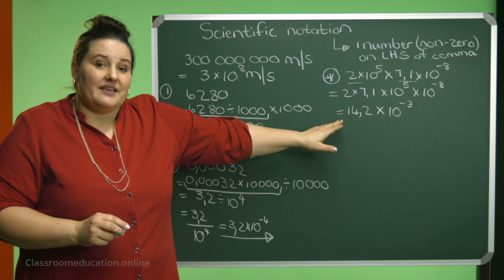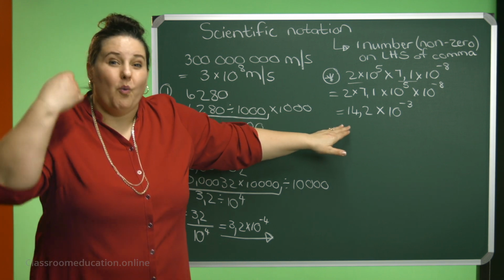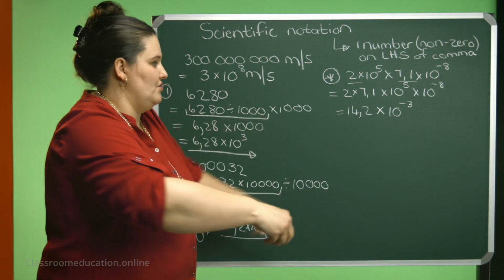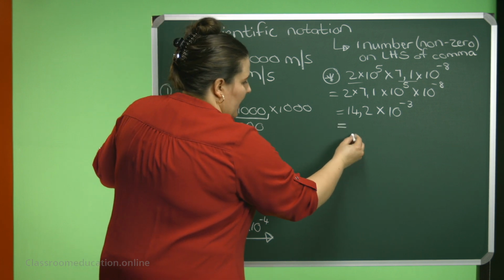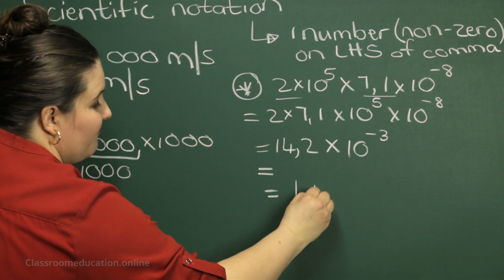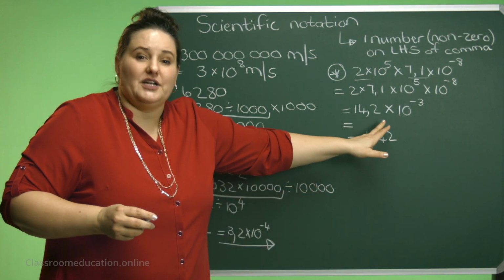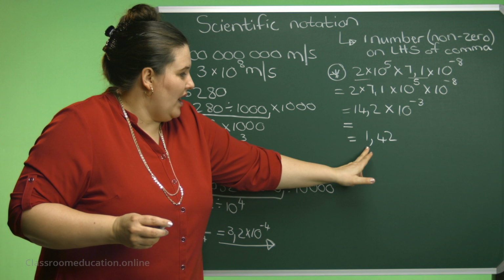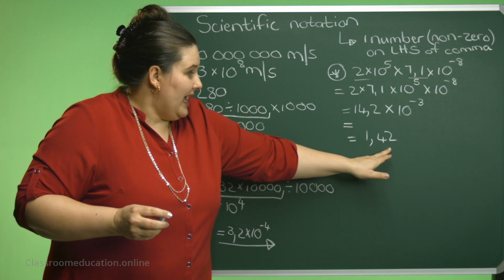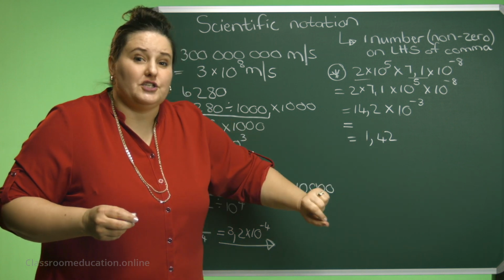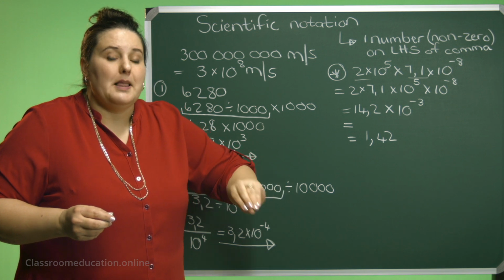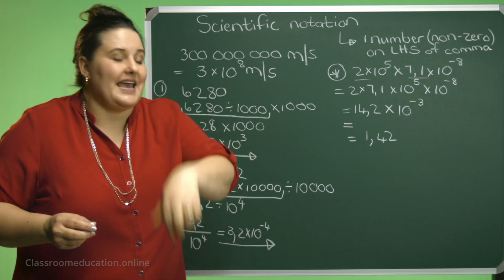So I would like the answer to be in terms of 1,42. Okay, so I would like to have a 1,42. So I have a 14,2. To go from 1,42 and still have a 14,2, it's like I will multiply by 10.